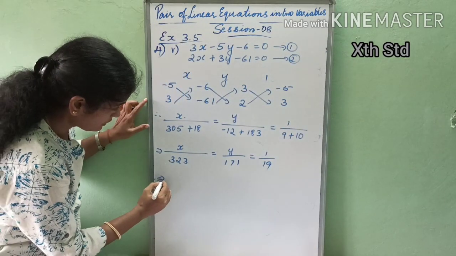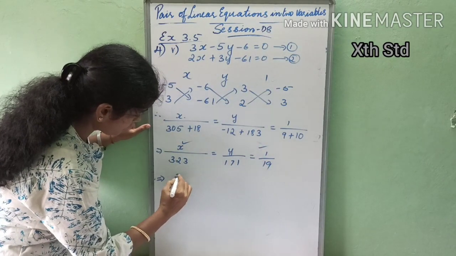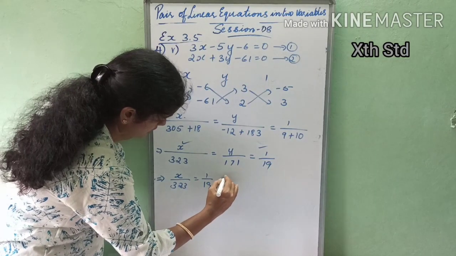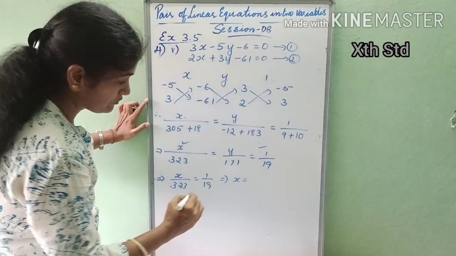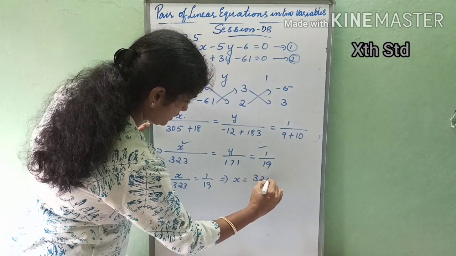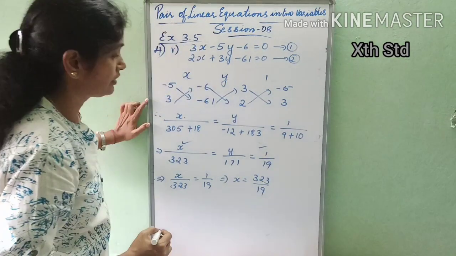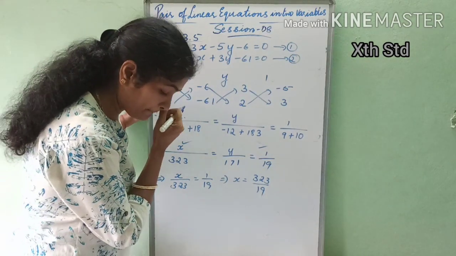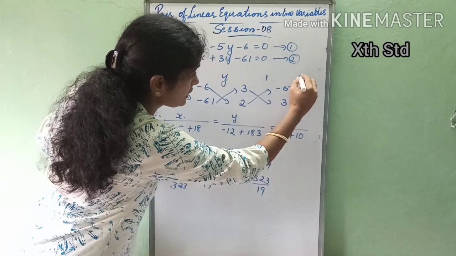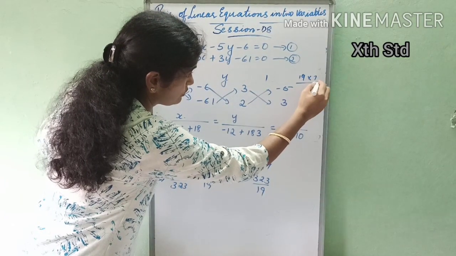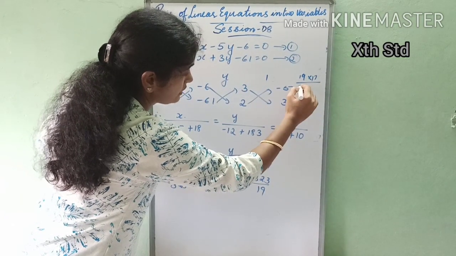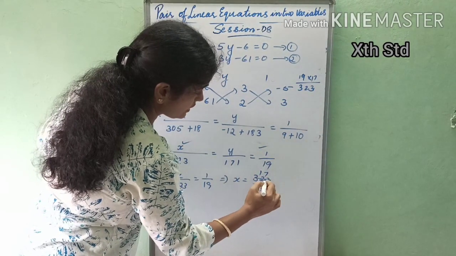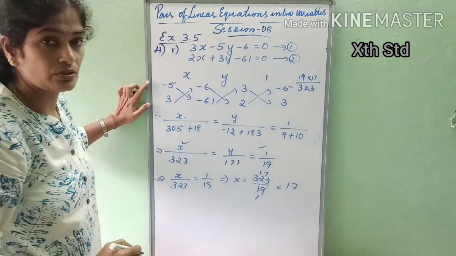Then take these two, x by 323 equal to 1 by 19, which implies x is equal to 323 by 19. 19 into 17 is 323. So x is equal to 17.